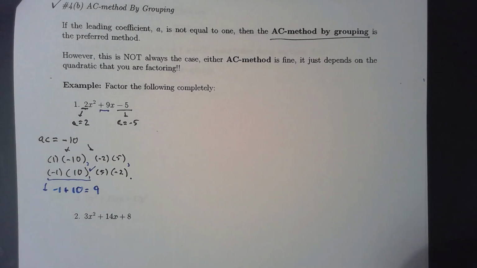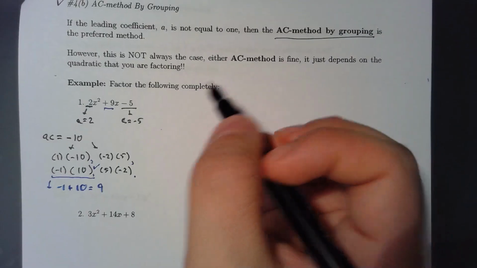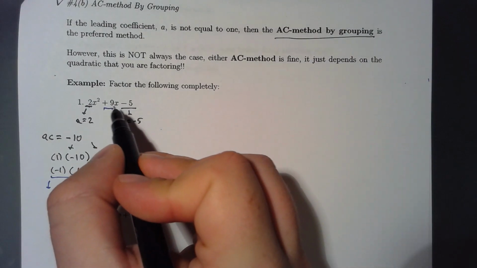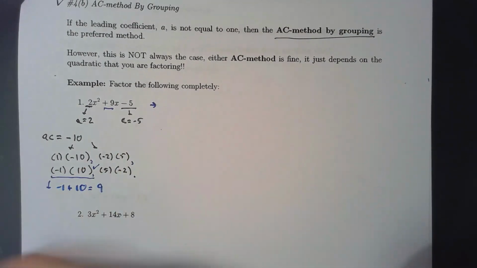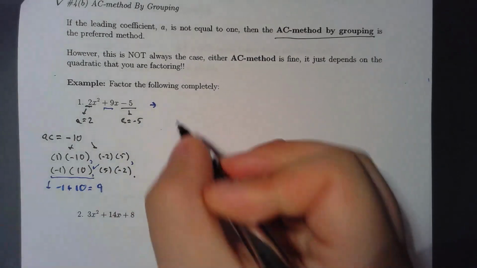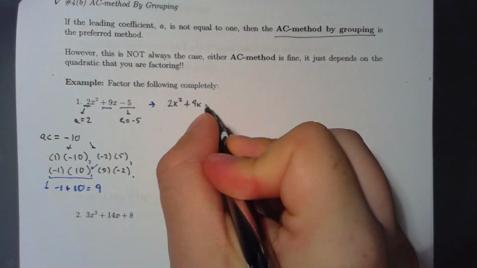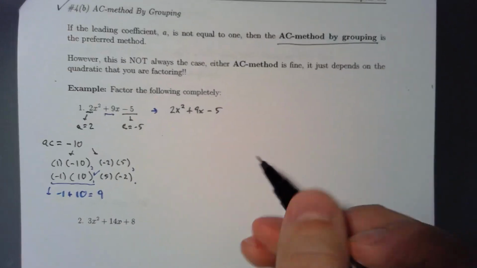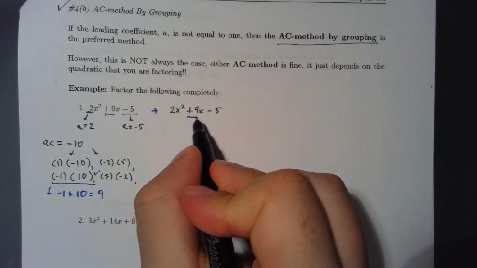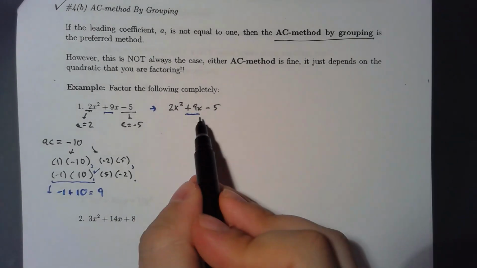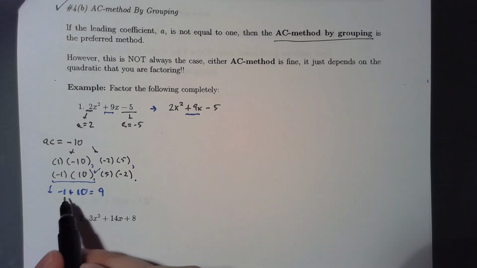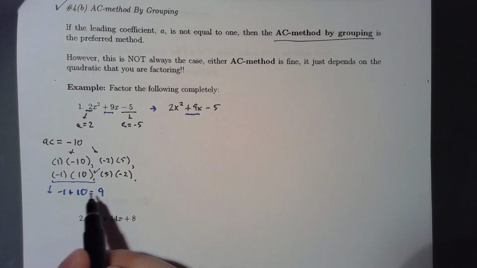So what I'm going to do is express this middle term. Let me rewrite the quadratic over here. I'm going to express that as a sum of these two factors that gave me 9.